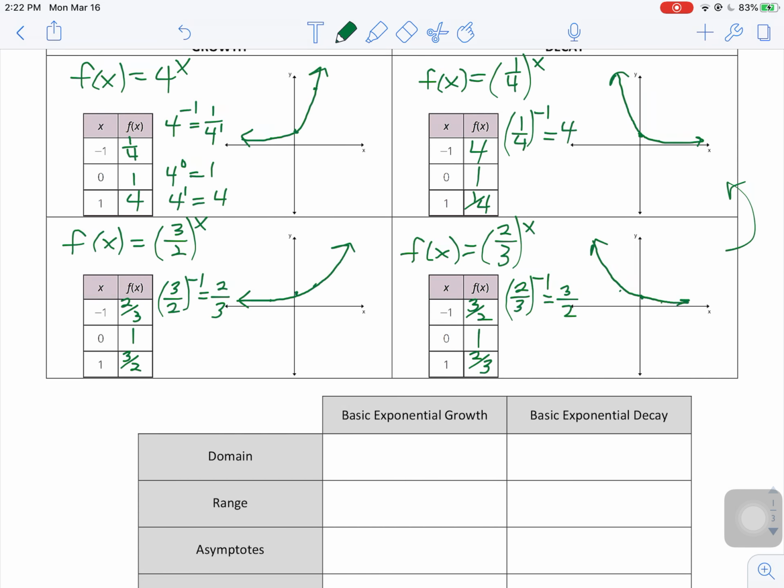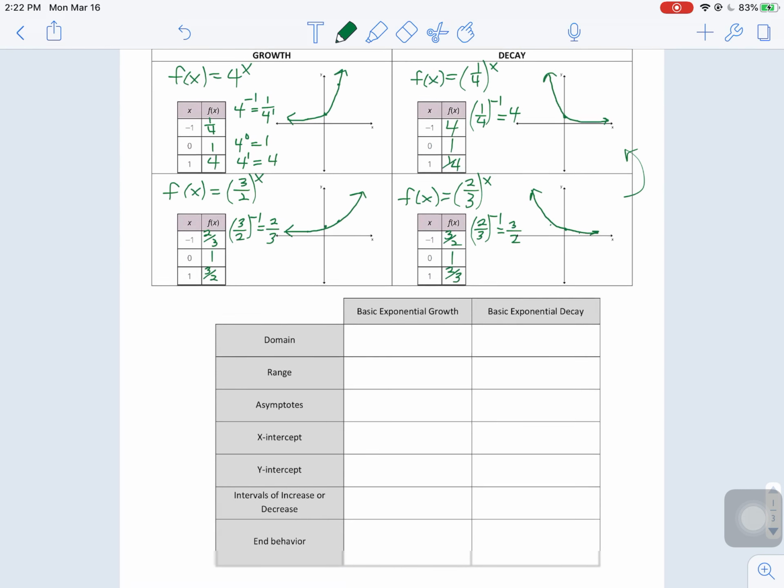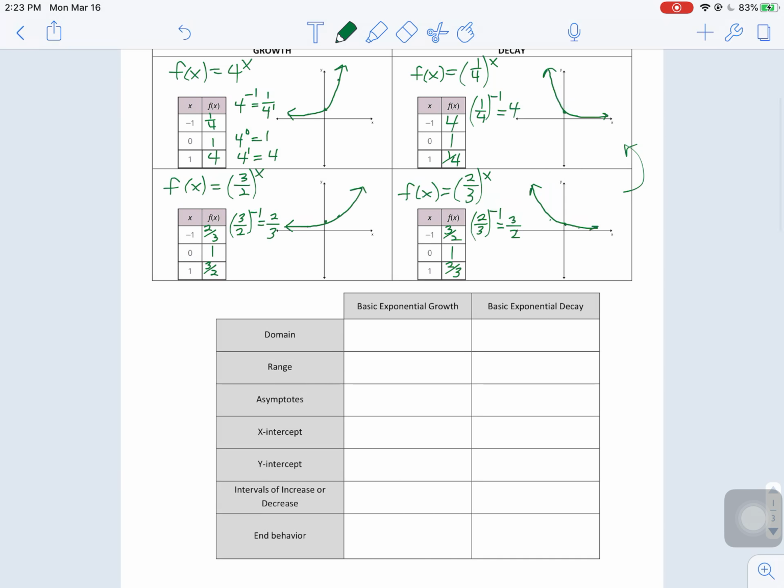The table down here at the bottom gives us a chance to talk about the key features of all basic exponential growth functions and then all basic exponential decay functions. So the domain is -infinity to infinity because there's no restrictions on the x values.